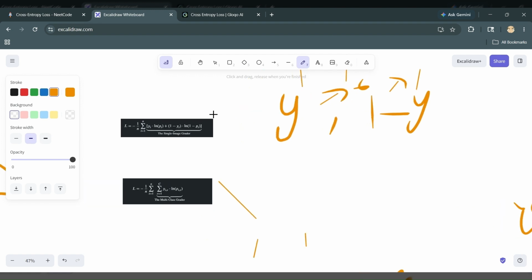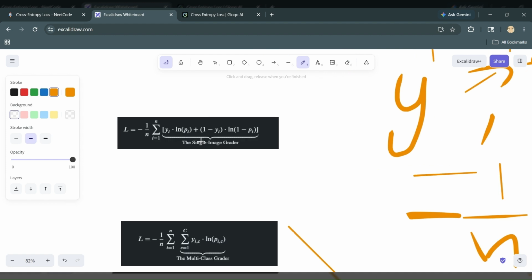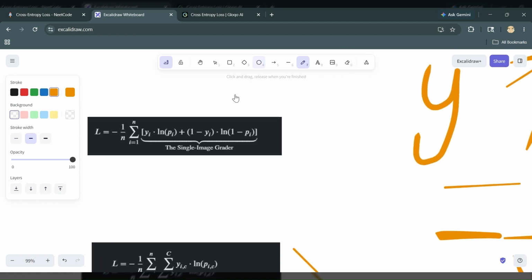And what we do in binary is we take the negative mean of these two values under a log condition. So yi is the true value. That means the yi here is the value we need. It can be 0 or 1 in binary. So if the yi is 0, that will be 0 into log pi, where p is the predicted value.